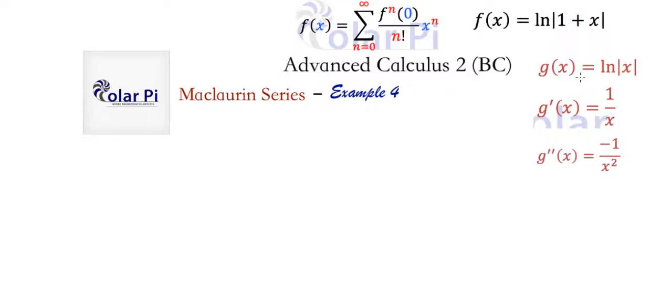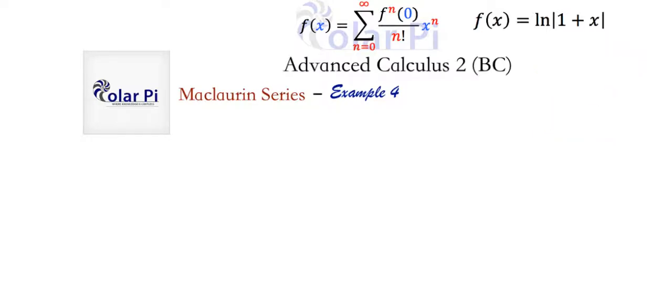And if we evaluate the function at 0, we get an undefined quantity. The first derivative at 0 is undefined as well, and the second derivative is also undefined at 0, and so on. And so that means that there is no Maclaurin series expansion for the function ln of x. The closest thing we can have is the Maclaurin series expansion for ln of 1 plus x. And so that'll be our work for the rest of this video.